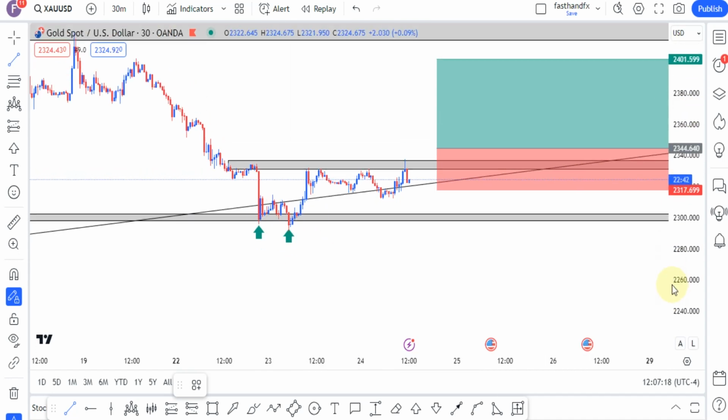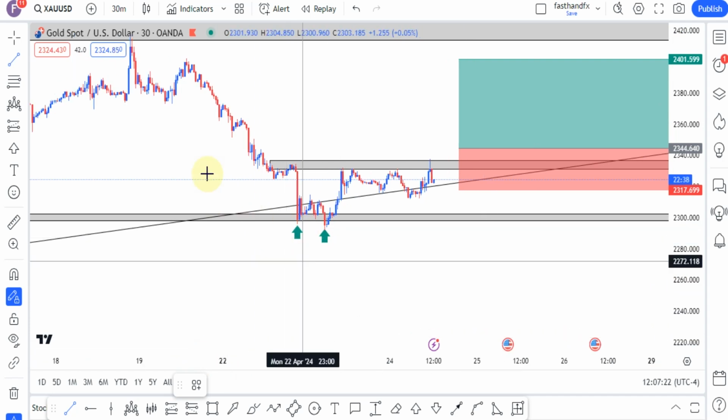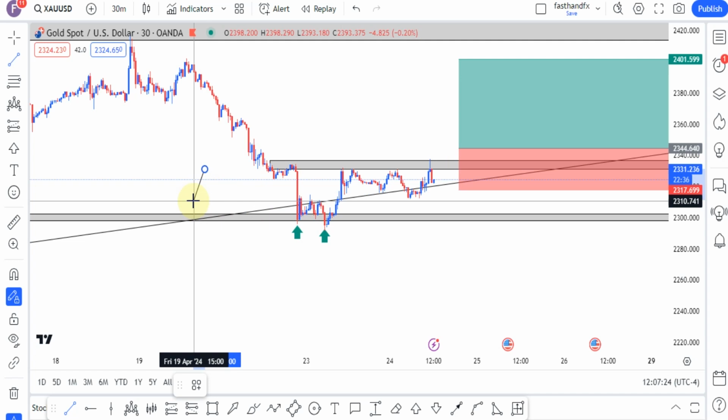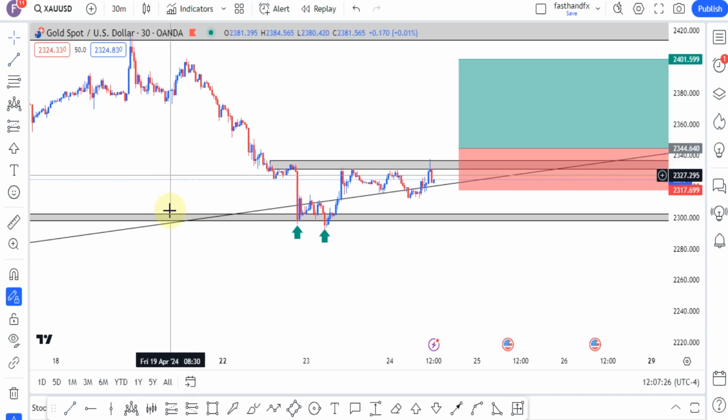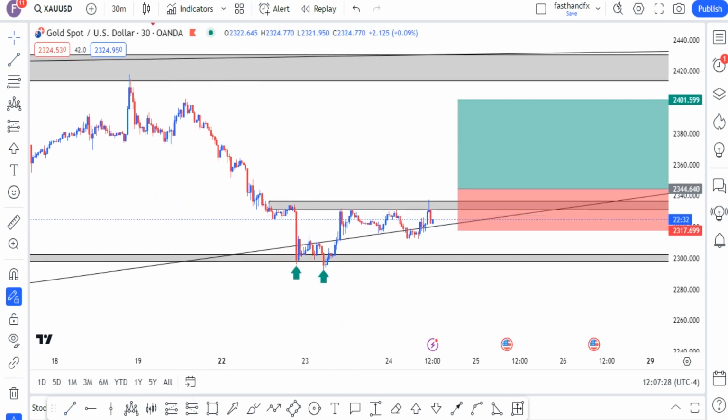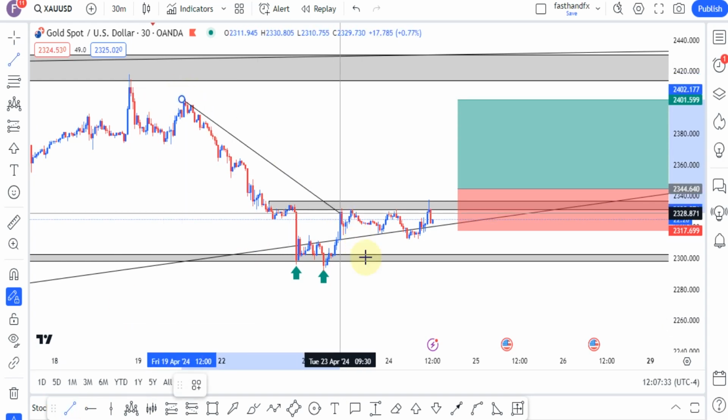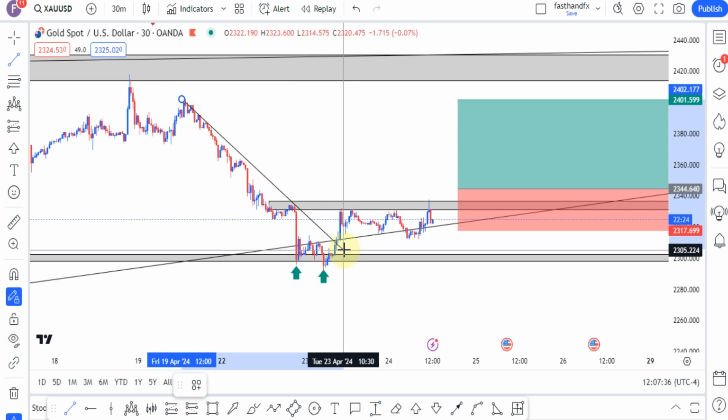As you can see, the market came all the way down here and gave us these double bottoms. Then, after giving us this double bottom, it did break above this area. There's a trend line here, and the market did break above it.